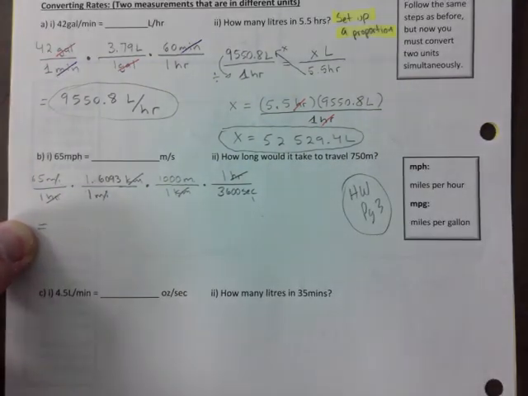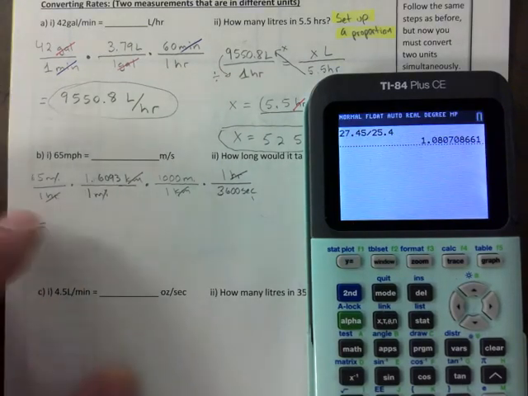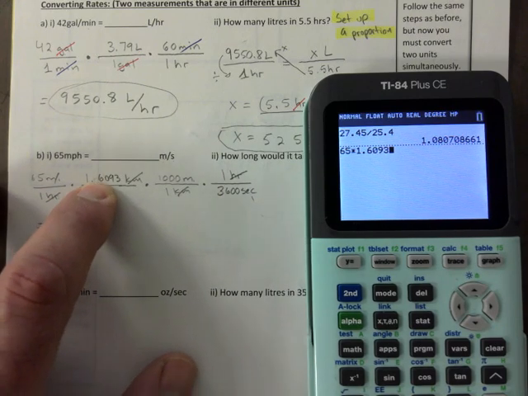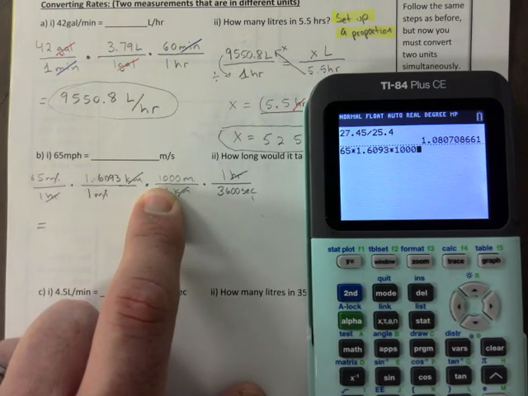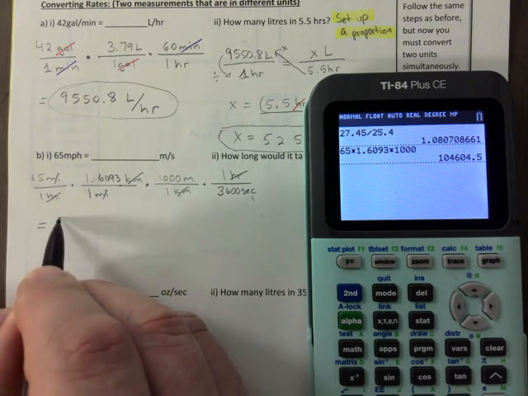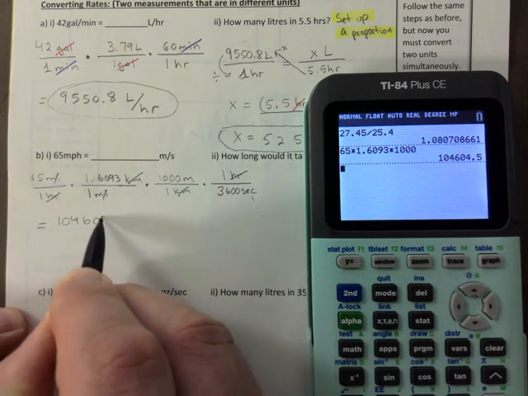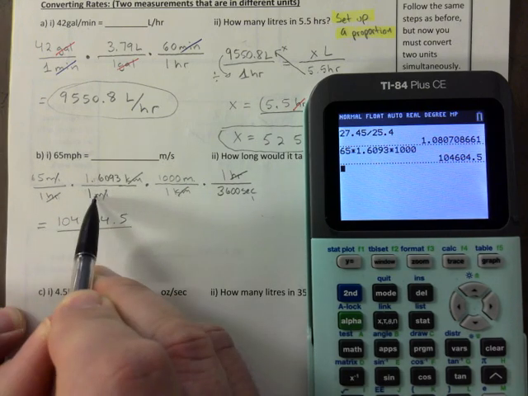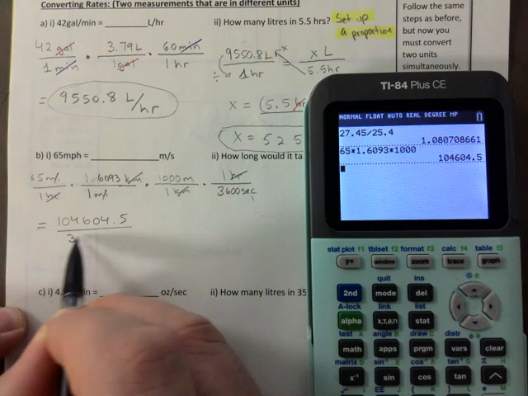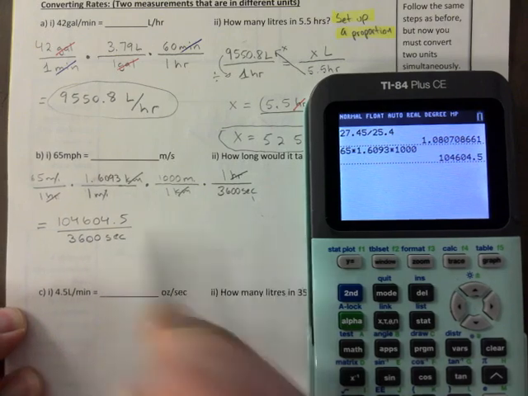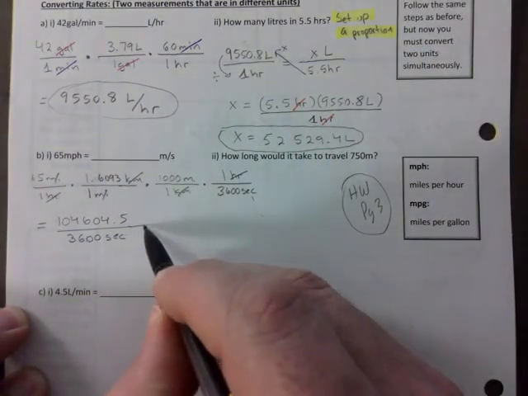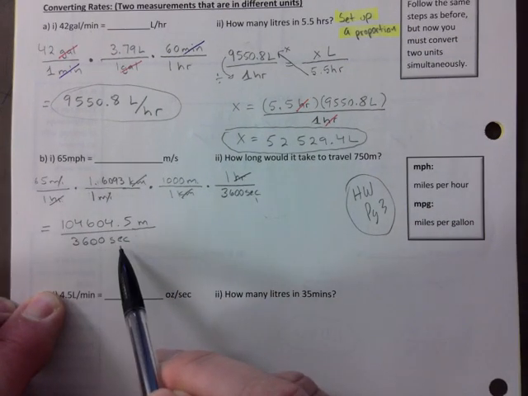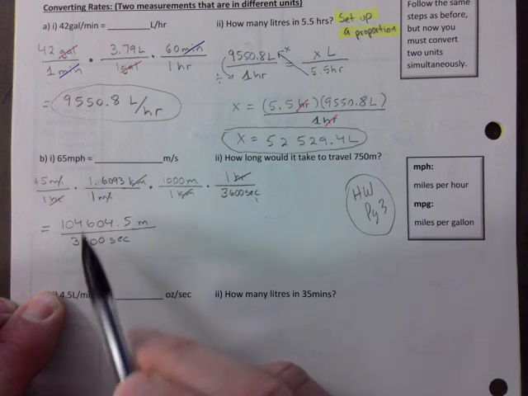But I would highly recommend to just multiply the tops, all the numerators, and you get that. And then 1 times 1 times 1 times 3,600 is just 3,600. So technically, right now, you're traveling this many meters for every 3,600 seconds, and we don't like it like that.